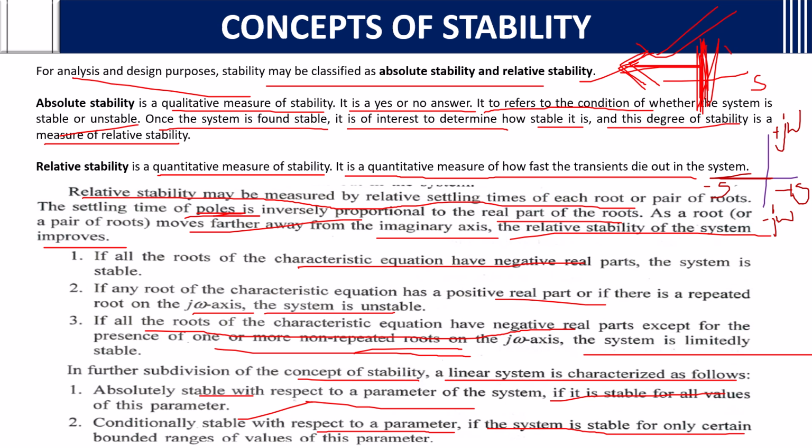The roots should be on the left plane, then it is stable. If it is on the right side, it is unstable, and if it is on the imaginary axis, it is also not stable. If all the roots are on the left side and one or more non-repeated roots are on the imaginary axis, then it is limitedly stable. These are some of the concepts of stability you need to know.